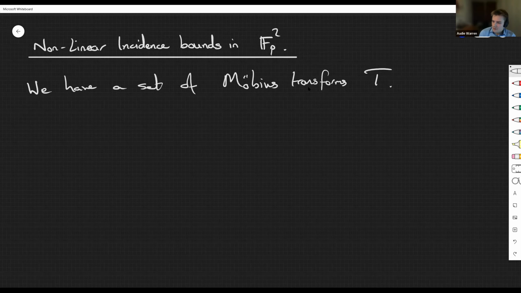And we're going to have to use one previous result. It was this result which I put on the screen, which is a line incidence result in F_p due to Stevens and de Zeeuw.